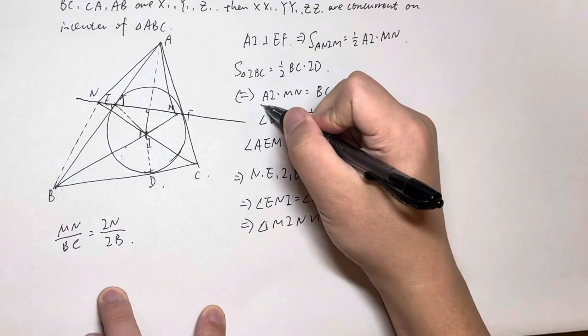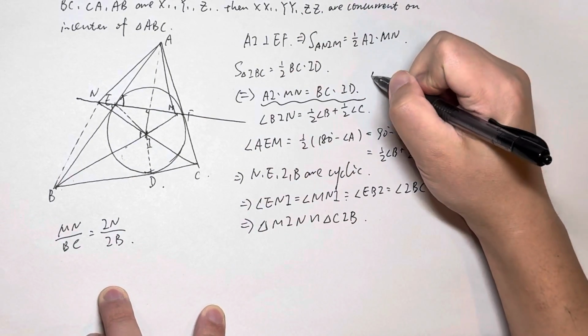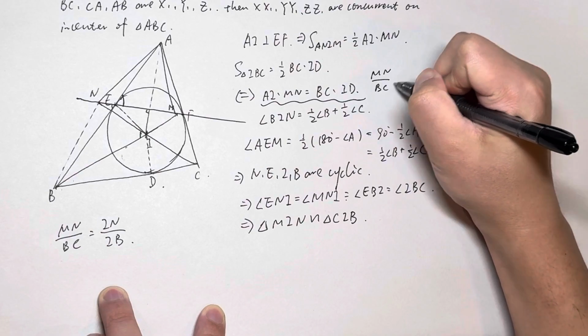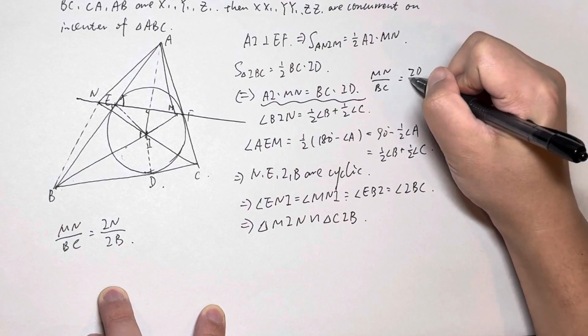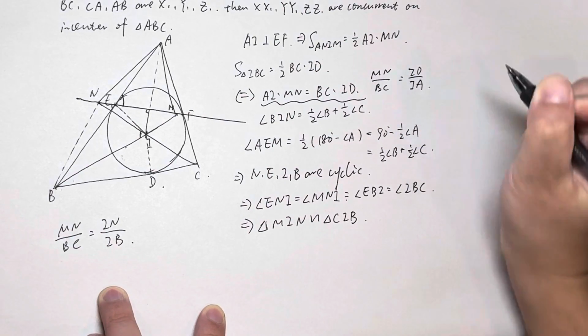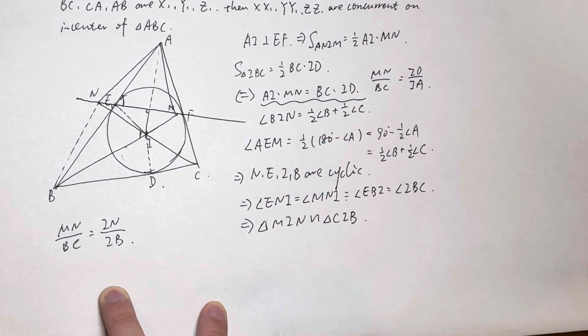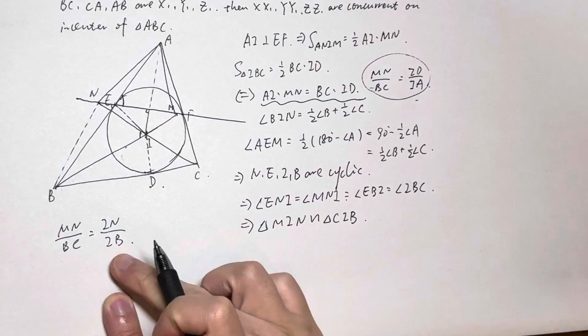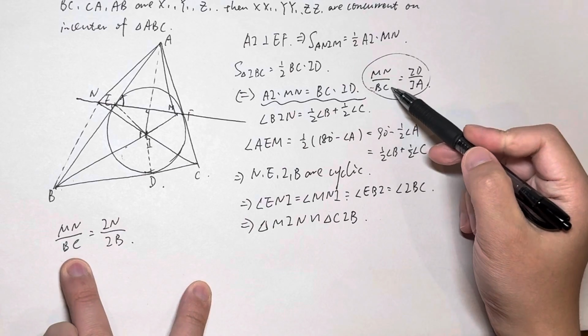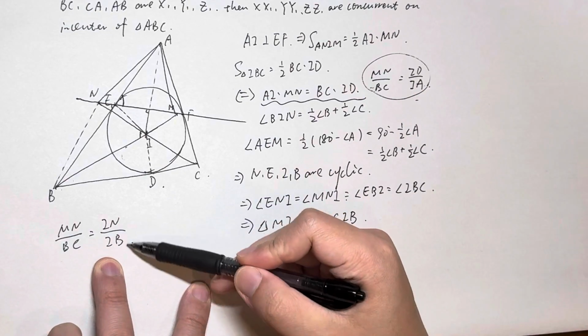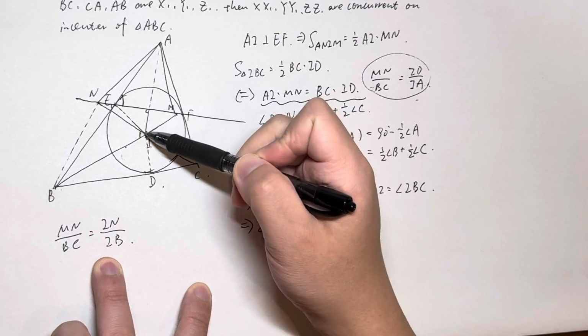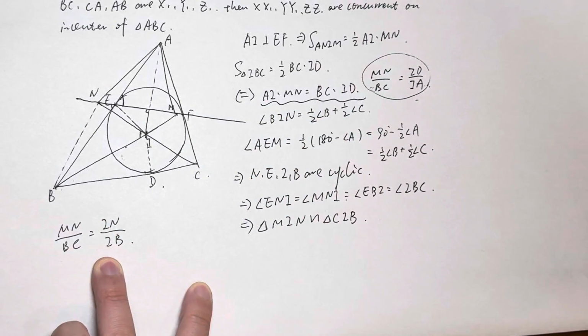Remember, we want to prove that MN to BC equals ID to IA. And now we have that MN to BC equals IN to IB.